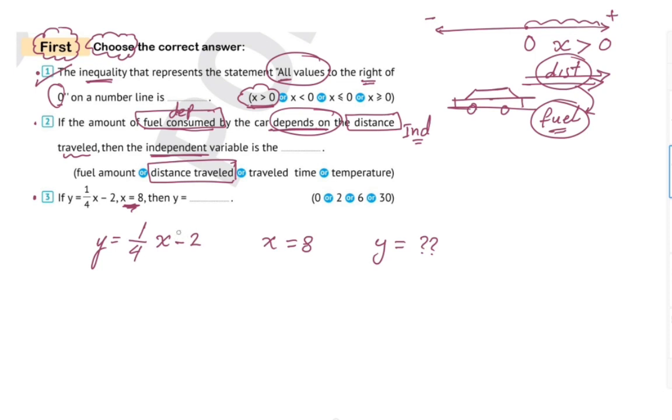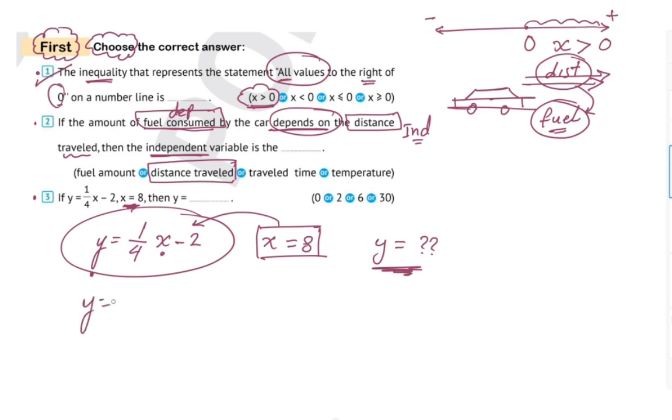First, I have an equation with two variables. y is the dependent and x is the independent. Now I know the value of the independent variable. Just substitute it into the equation to find the other value. Now just do it. y equals 1 over 4 of x, which equals 8, minus 2. Now you can calculate these numbers and get the value of y.